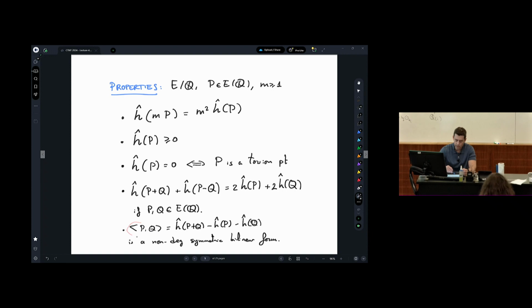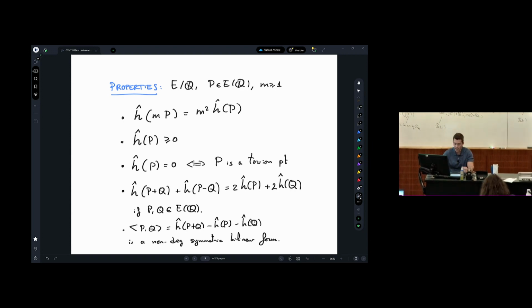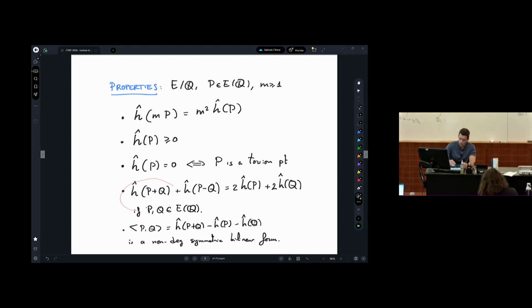And this pairing, the pairing of P and Q, is the canonical height of P plus Q minus the height of P minus the height of Q. So it's the difference, or the error, in the height of P plus Q versus the height of P plus the height of Q.